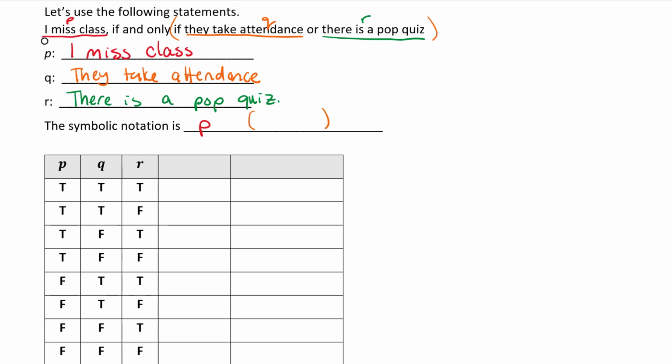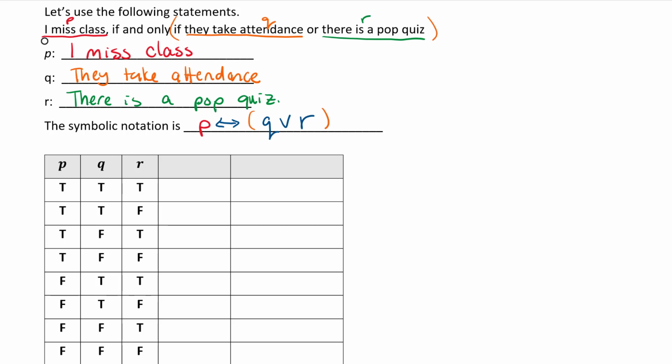Now, it also says, I miss class if and only if, so that's biconditional. They take attendance, that's Q, or, that's a disjunction, there's a pop quiz, and that's R. So because the comma breaks up I miss class versus they take attendance and pop quiz, but they take attendance and pop quiz has to be in parentheses.